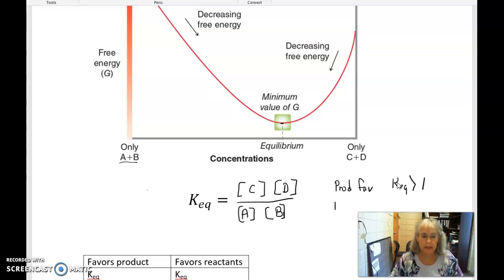When the reactants are favored, you get a chemical equilibrium that's less than 1 because you're getting more of the reactants.